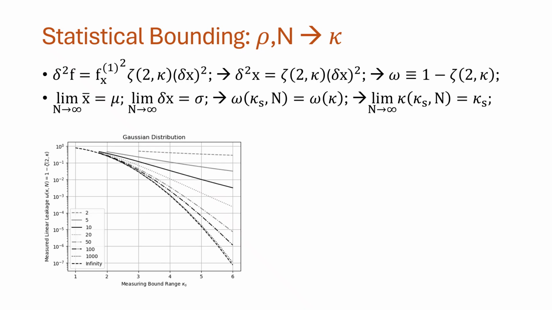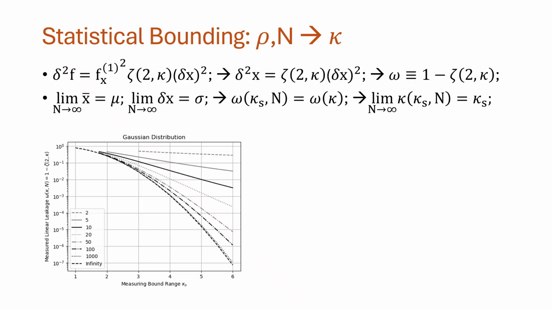Namely, the leakage using the sample mean and sample deviation is always smaller than using the distribution mean and distribution deviation.